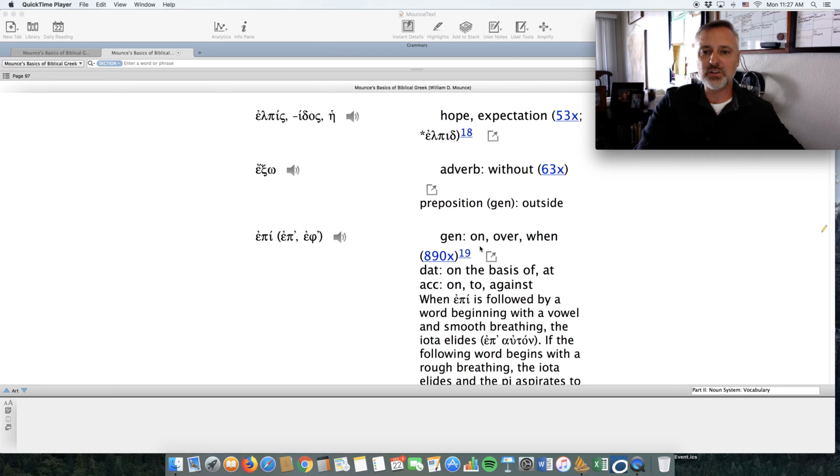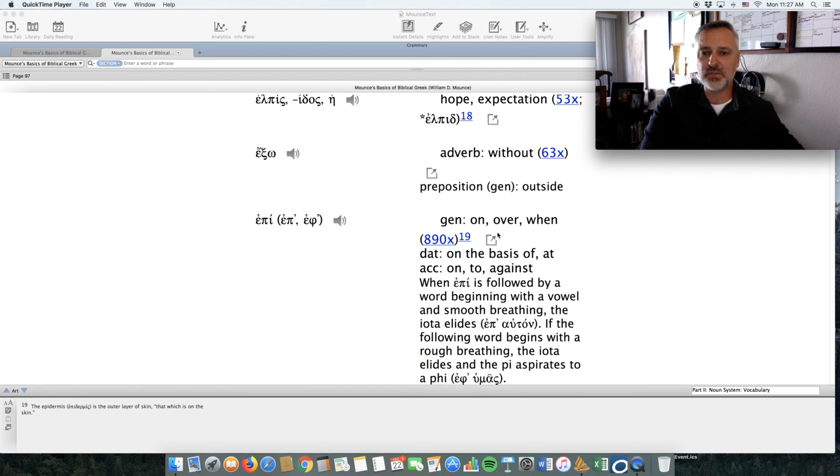Epi means on, over, or when in the genitive. You'll have the elision of the iota, which is ep, or the aspiration of the P, which is eph. In the genitive it is on, over, or when. In the dative it is on the basis of or at. In the accusative it is on, to, or against.